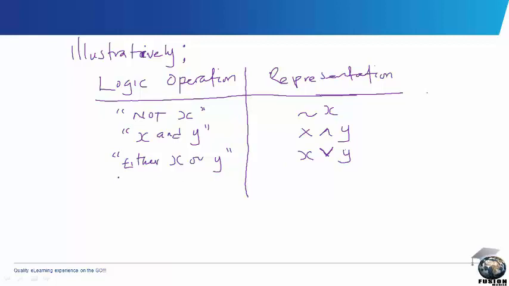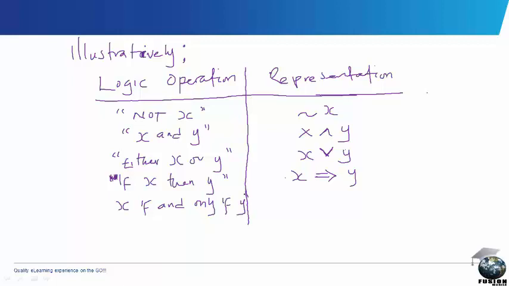And if we want to write if X then Y, we can write it in the form of X with our arrow and then Y. And if we want to write X if and only if Y, then we can write in this form.